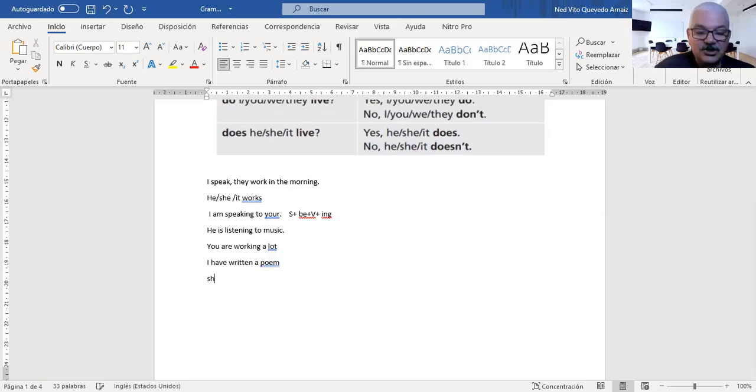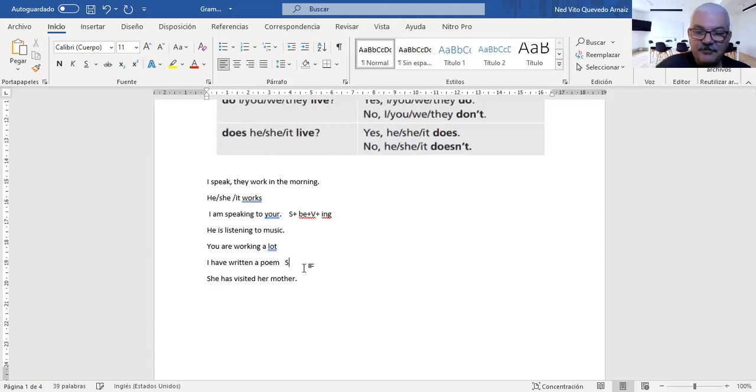Or you could say she has, because the third person singular will take has as the form of the verb have in this structure, okay? So we say she has visited her mother, okay? So in this case, we also refer to a present perfect, which is the form to create this structure.